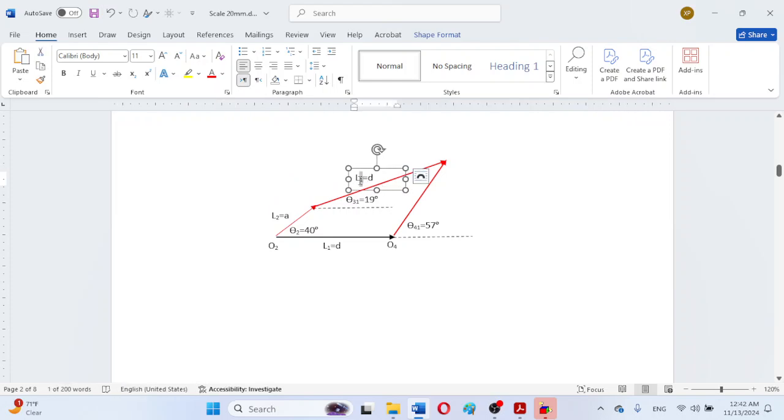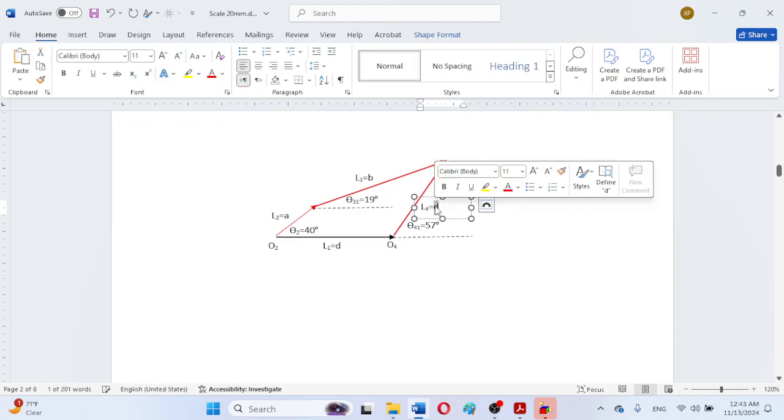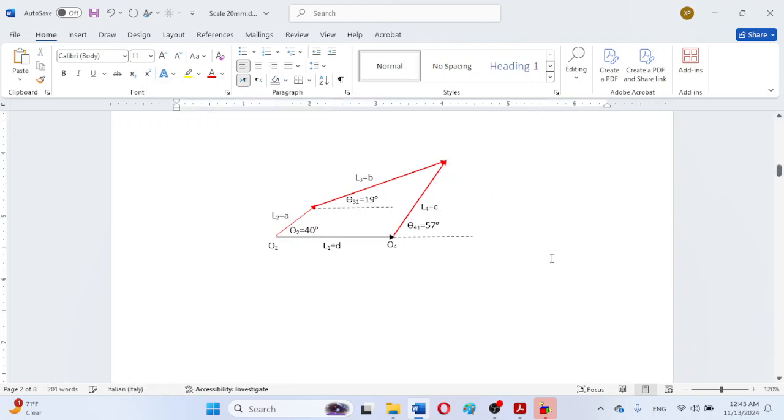This is link number 3, which is in complex motion, always the coupler link. This is denoted by small letter B. Again, copy and paste for link number 4, and in this way we can change it and just type C here.